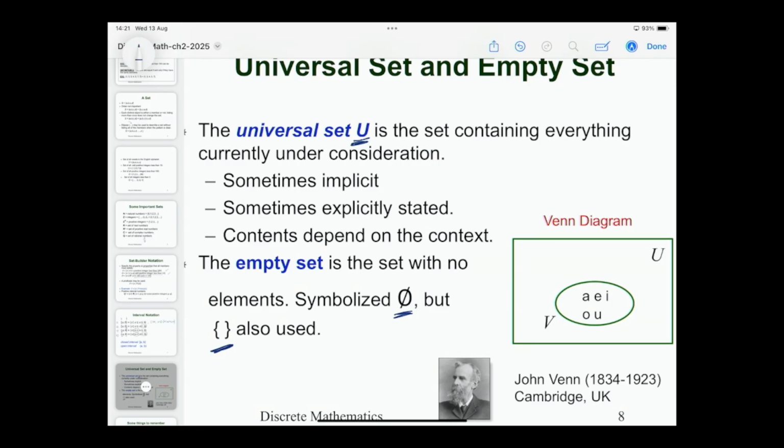On the right-hand side, you can see that a Venn diagram can be used to represent any set. Here is a set of English vowels having 5 members, and the universal set here is the set of English alphabets. Some of them are the English vowels.